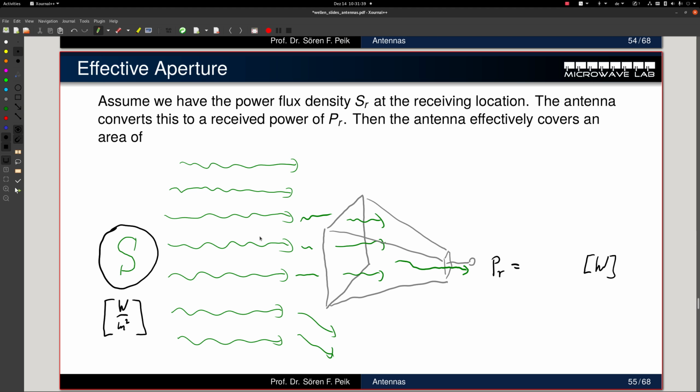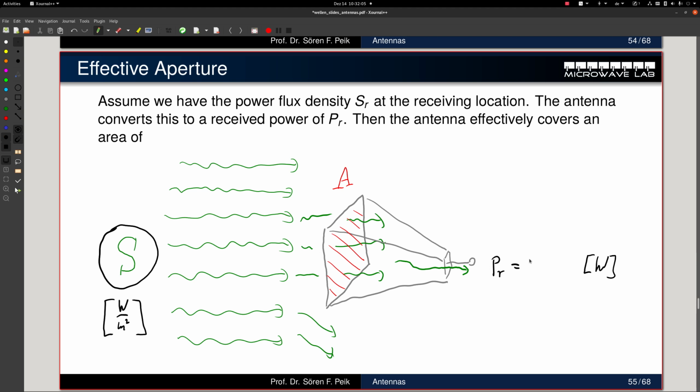And just looking at it, you see that, since this is a power flux density and there's some area here like this area here, we can say that the power flux density that is caught by this area A is the total power received here.